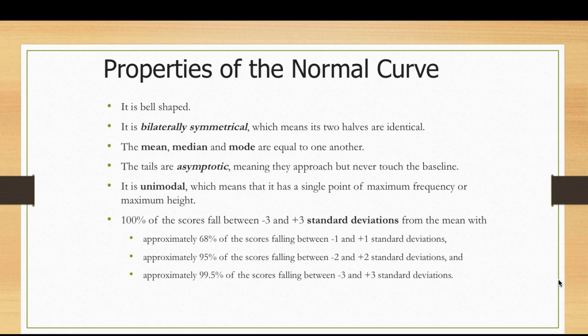In regard to IQ, 68% of the population score between -1 and +1 standard deviation from the mean, which is 100. Because the standard deviation on a normal curve is 15, we can say that 68% of the population have an IQ score that falls between 85 and 115.